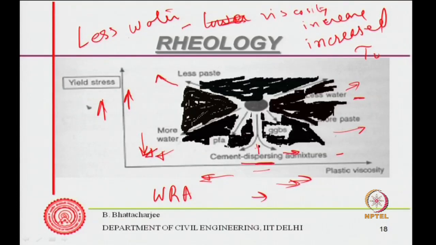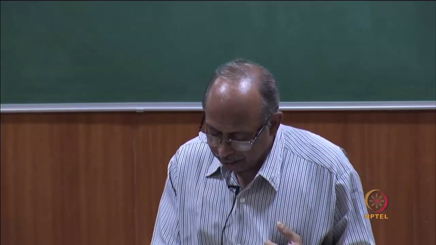More paste, of course, causes plastic viscosity to increase, and it moves along this direction. If we pulverize fly ash, it reduces the yield shear stress and the viscosity also, like fly ash or GGBFS.